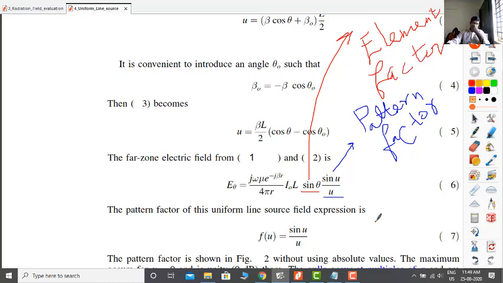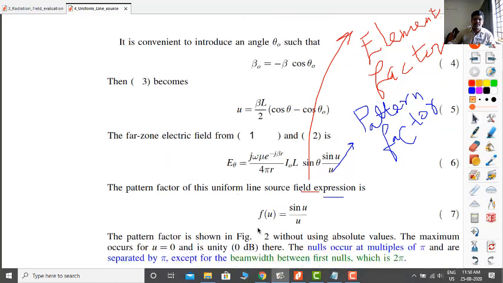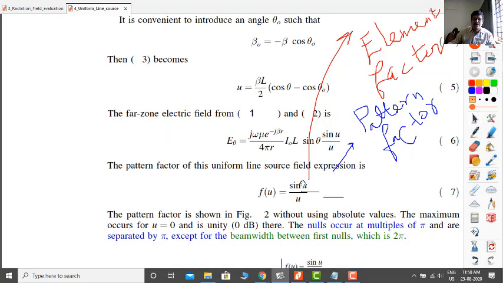So remember, there are two trigonometric functions. One function is called the element factor, another function is called the pattern factor, because the pattern factor controls the pattern of the radiation. So now we have taken the pattern factor as f of u equals sin u by u.